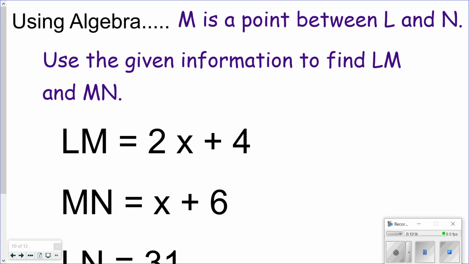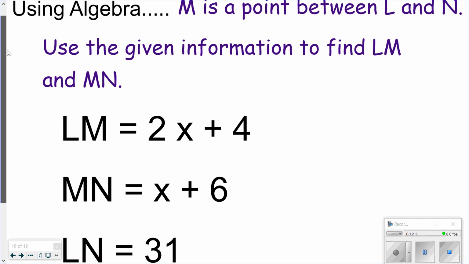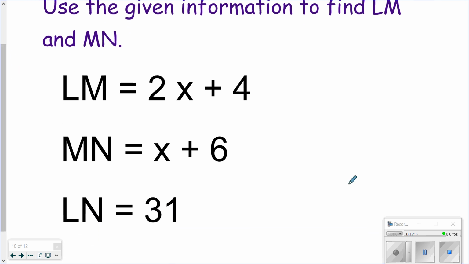For this next problem, we're going to use algebra. M is a point between L and N. Use the given information to find LM and MN. I'm going to scroll down a little bit. I already have no picture here, which means I'm going to need to draw a picture. All right, so I'm going to draw my segment.